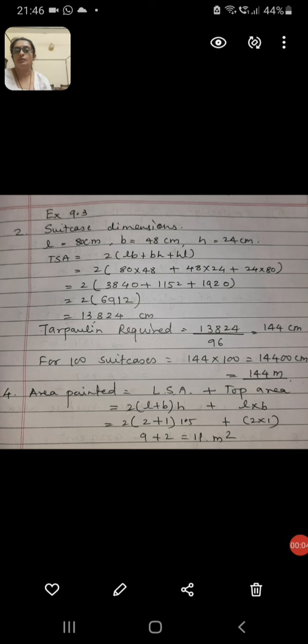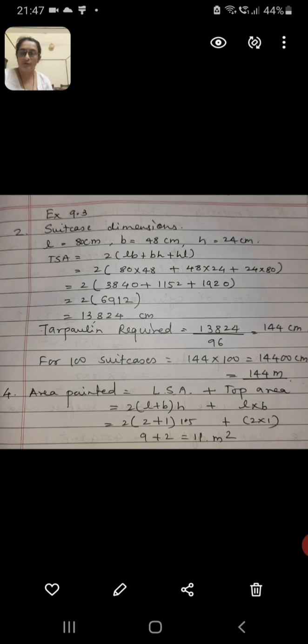Now for the lateral surface area of a cube, meaning only the four walls or four sides of the cube, we are going to use the formula 4a square. And to find the lateral surface area of a cuboid, we are going to use the formula 2h(L + B).